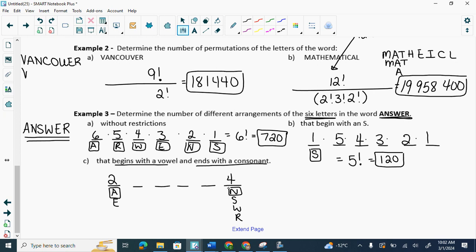Could I have picked E and R? Yeah, it just means I took out 2 letters. How many letters do I have left? 4. Then, boom. This could be written as 2 times 4, which is 8, times 4, 3, 2, 1. 4 factorial. So sometimes they write it that way too, right? What's the answer?